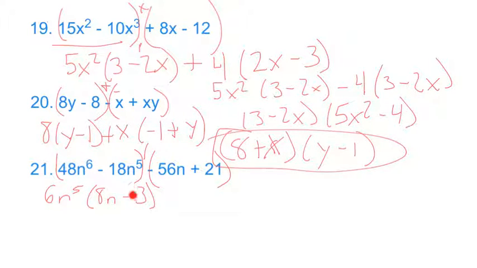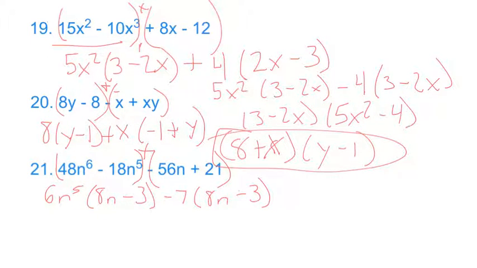So, noticing how this is a negative 3, and this is a positive 21, and this is negative 6, I'm thinking I'm going to have to factor out a negative 7. So although I had made this a plus here, I'm actually going to factor out a negative 7, which is going to make this a positive 8n minus 3, which happens to be the same as this here.